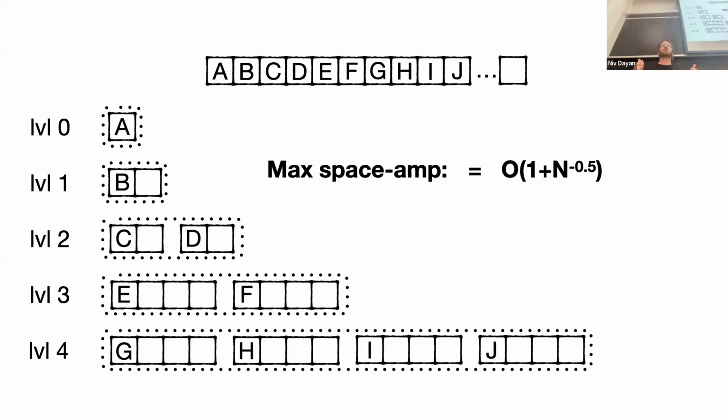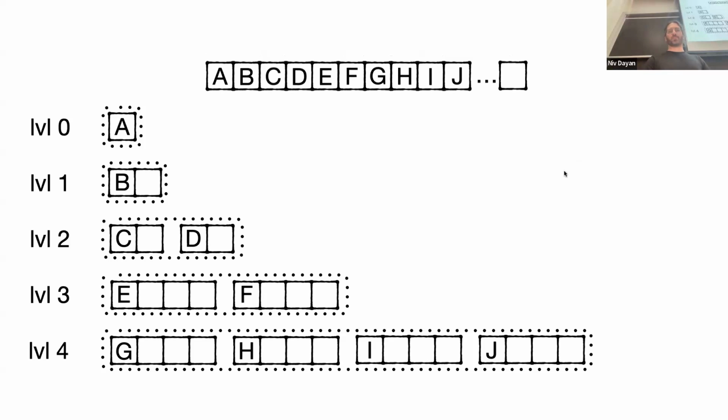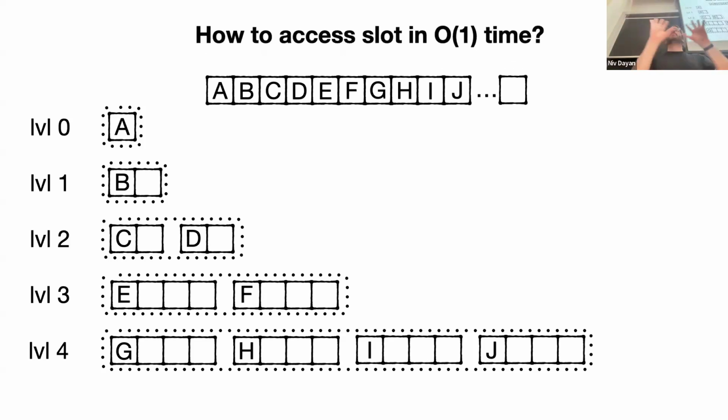So this is great for us. It means it's going to make it much easier for us to make sure that the directory is able to stay in the L1 cache and that we're not wasting too much space as well. Okay. So that's the construction.